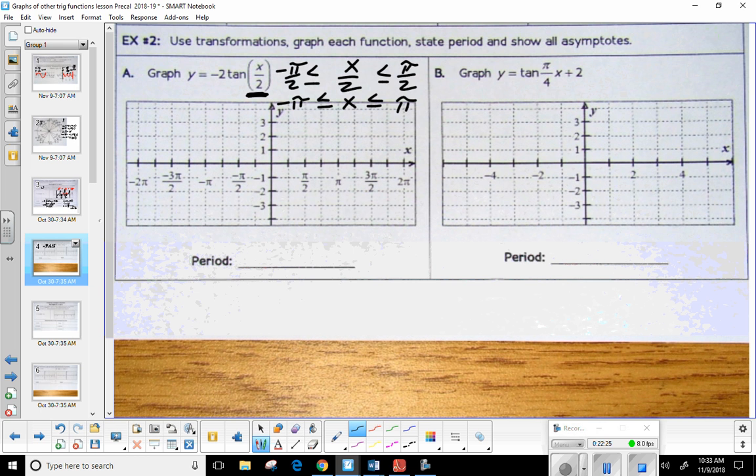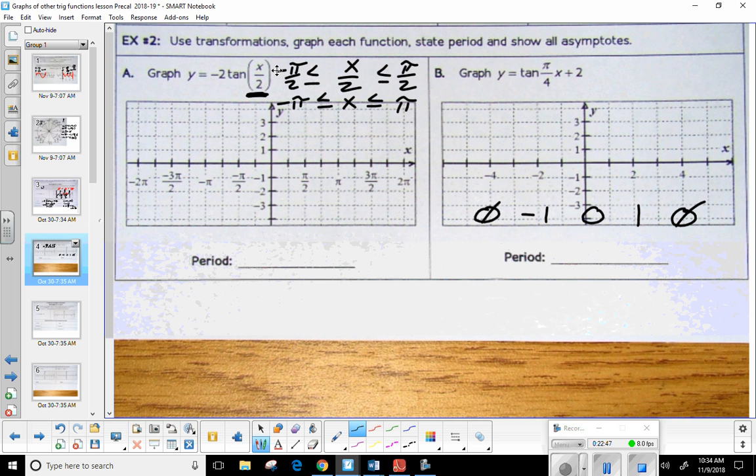Okay, now let's turn our attention to the critical values for one period of tangent. Remember, what were they that we listed a second ago? Okay, undefined, because we're going to start with an asymptote. Then we went -1, 0, 1, and undefined.